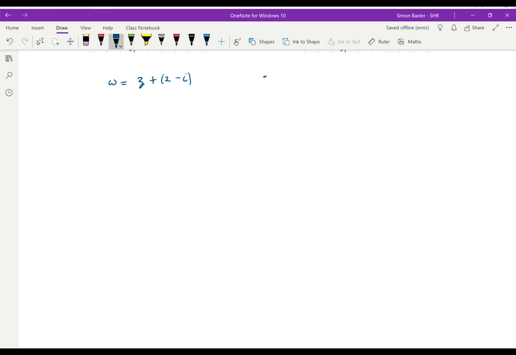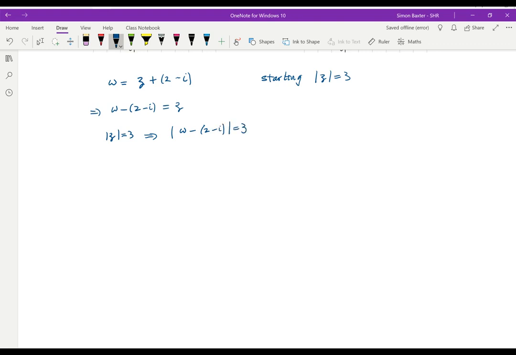And we're starting with mod z equals 3. Well, taking the equation here, this tells me that w minus 2 minus i is equal to z. So if we start with mod z equals 3, then mod z equals 3 means that mod w minus 2 minus i equals 3.